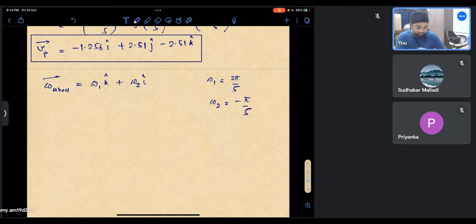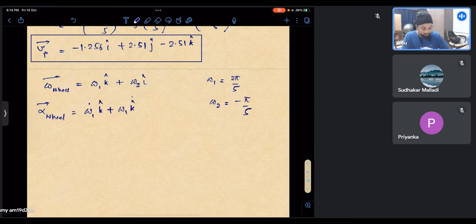Okay. So alpha, the angular acceleration of the wheel, is nothing but we just have to systematically take the derivatives. So it will be omega 1 k cap dot, plus omega 2 dot I cap, plus omega 2 I cap dot.